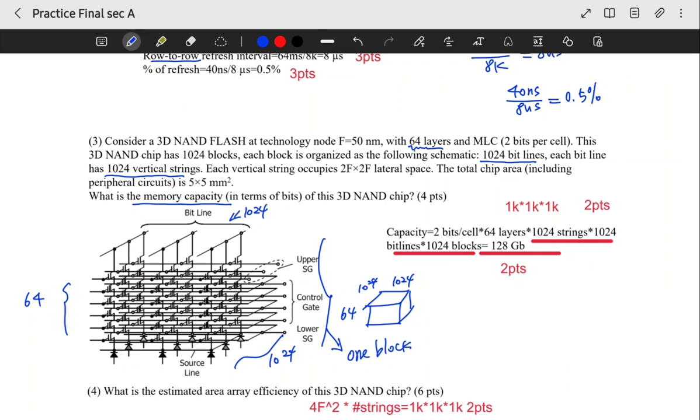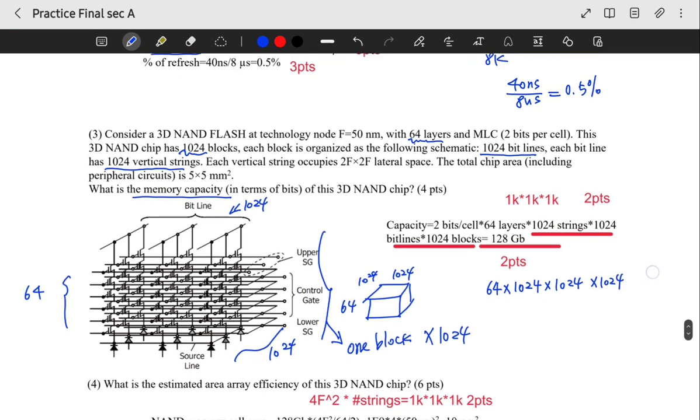Since we have 1024 blocks, we have to multiply this by 1024. So I would say 64 layers times 1024 times 1024 times 1024 blocks.